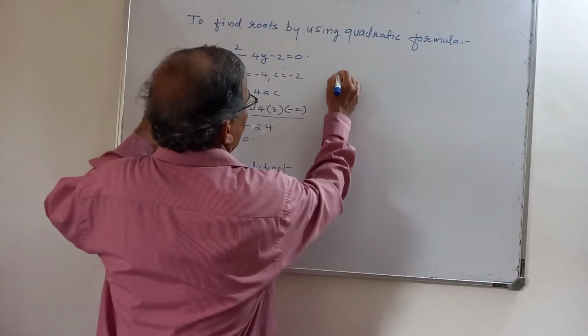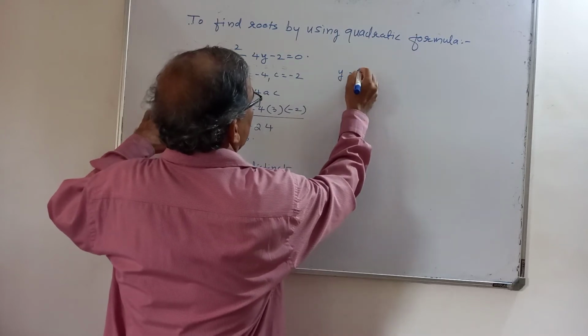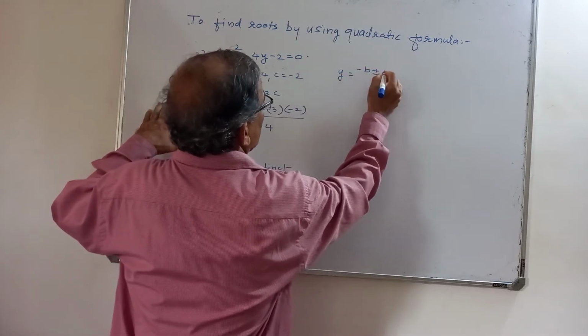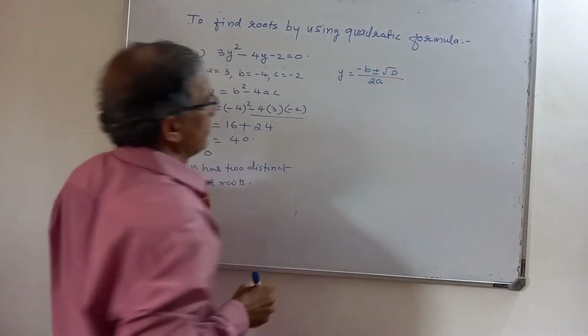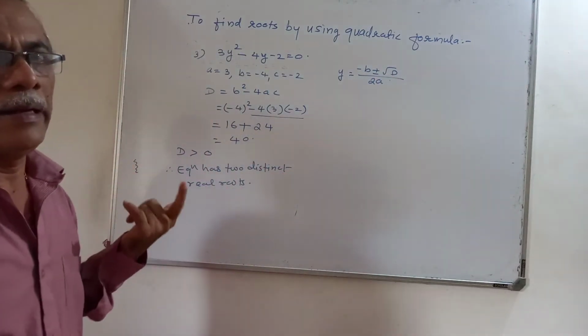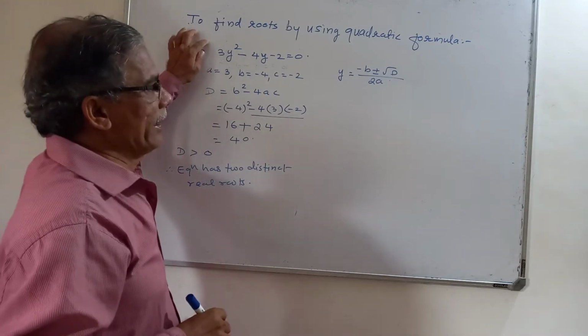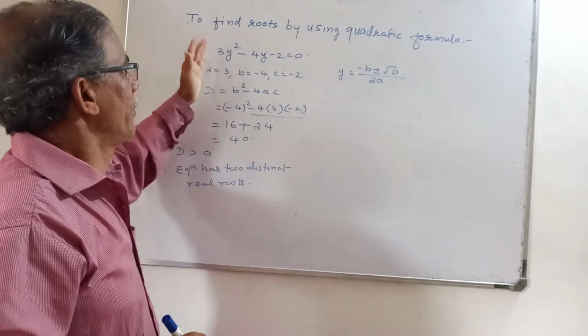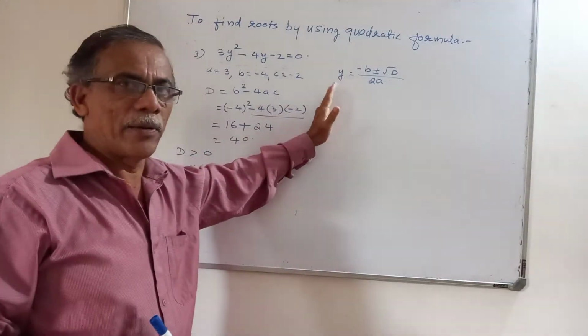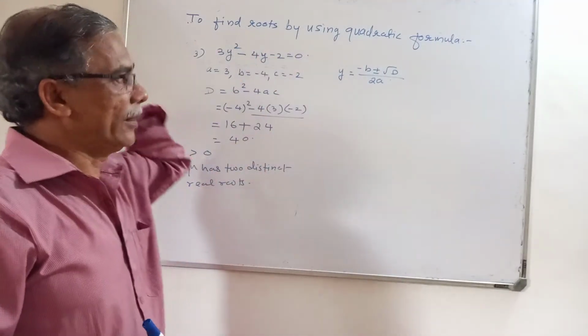So to find the roots now, what is our formula now? y is equal to minus B plus or minus root D whole upon 2A. Sorry, I think in the earlier example the variable was x, isn't it? And we wrote that x is equal to, that is not x. Whatever variable is there, that you have to write, okay? Unknowingly I wrote that.